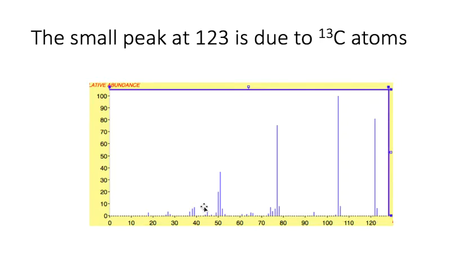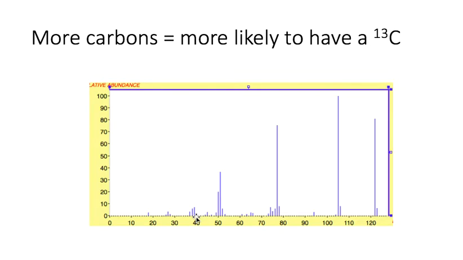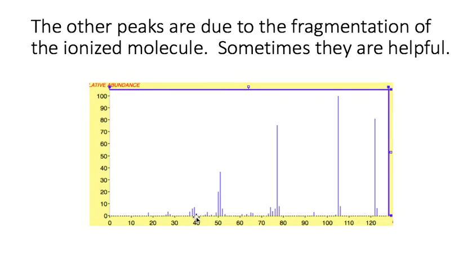Now there's other peaks over here. And so when the molecule breaks apart, since it was ionized, it often breaks apart, and we get various fragments coming down the line too. And sometimes if you get really good at reading these mass specs, these help to be able to figure out the structure.